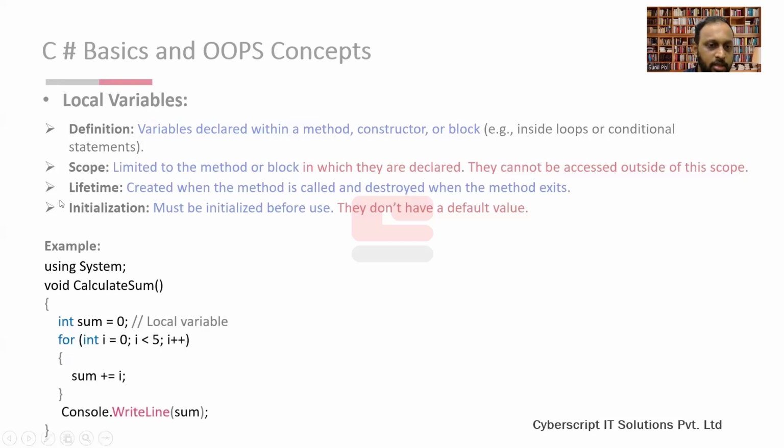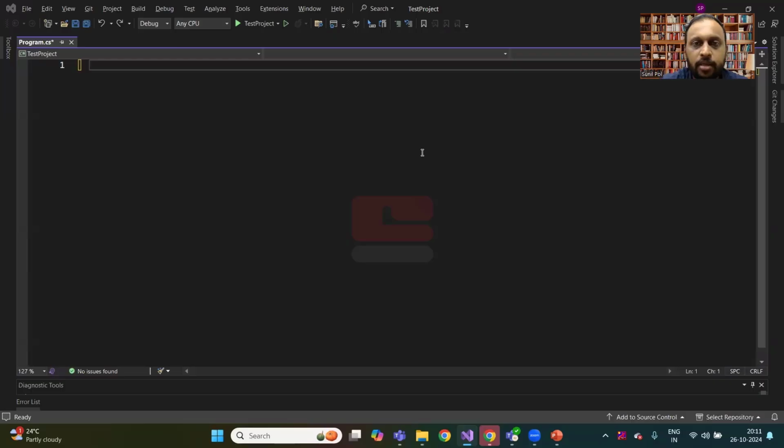In the calculate sum function, we have declared one local variable sum, which is of integer data type, and in the for loop, we are adding the value of i into sum. As soon as this function gets executed, the memory allocated to the sum variable would be deleted from memory. So let's understand local variables and their scope with the help of this program.